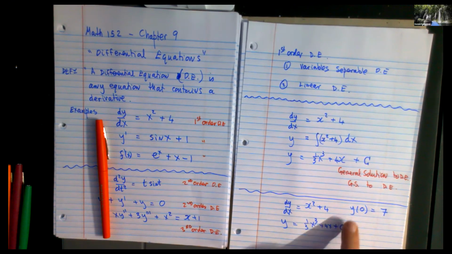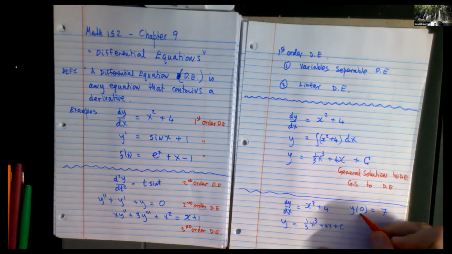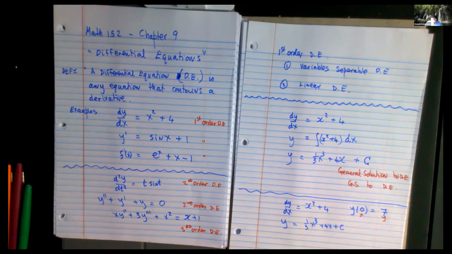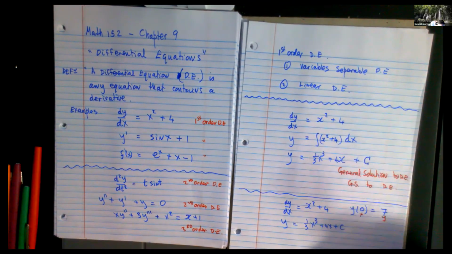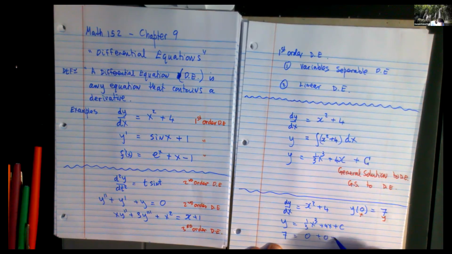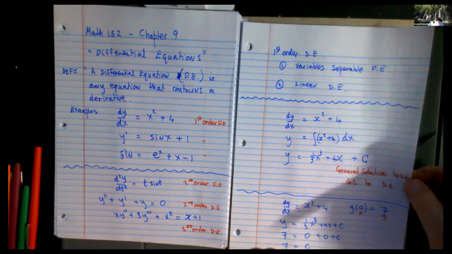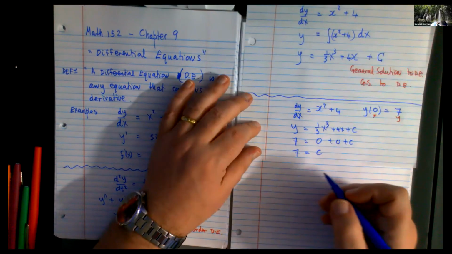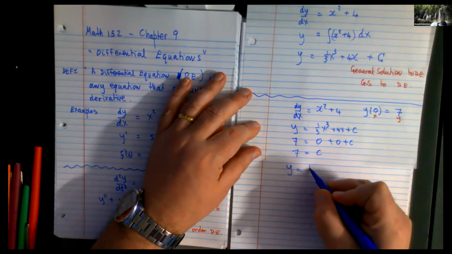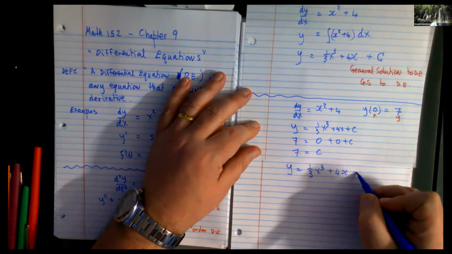When they write y of 0 equals 7, what they're telling you is that when x is 0, the y is 7. That's what they're saying. So this guy is 7 when x is 0. Oh, we now know that C happens to be 7. So our solution is now a little bit more specific.